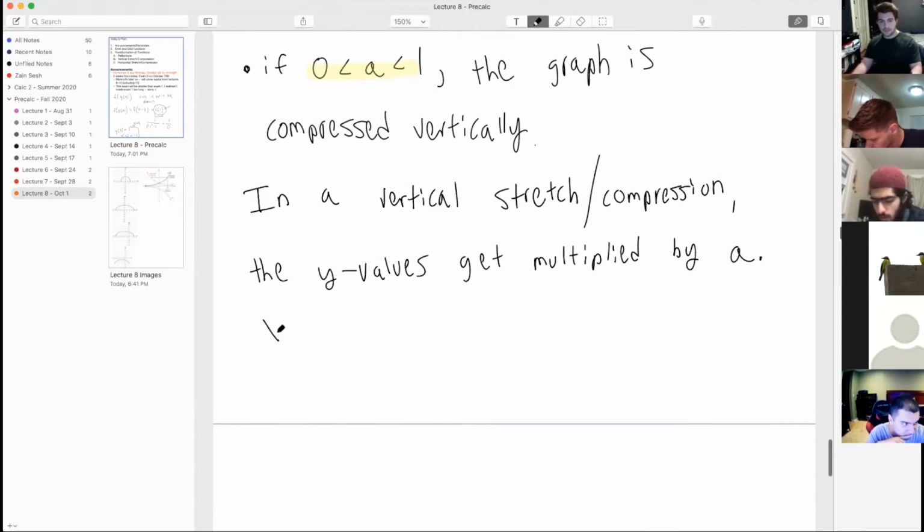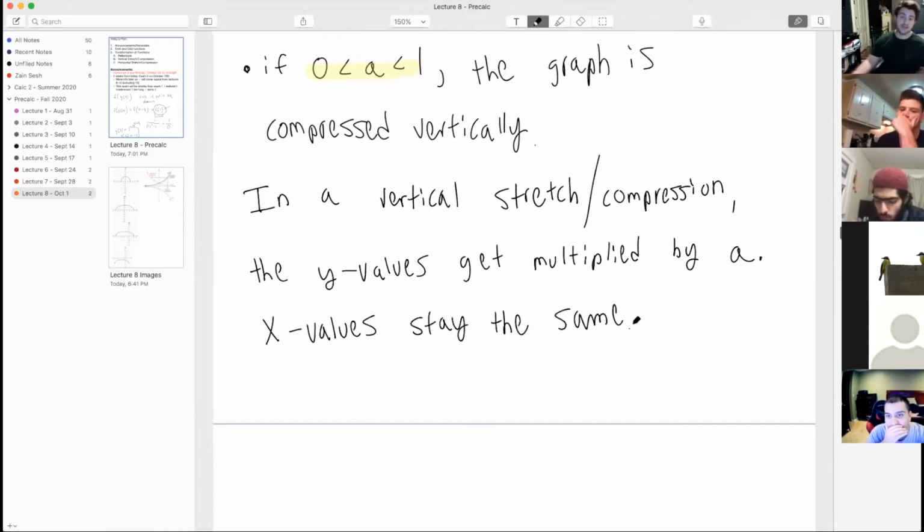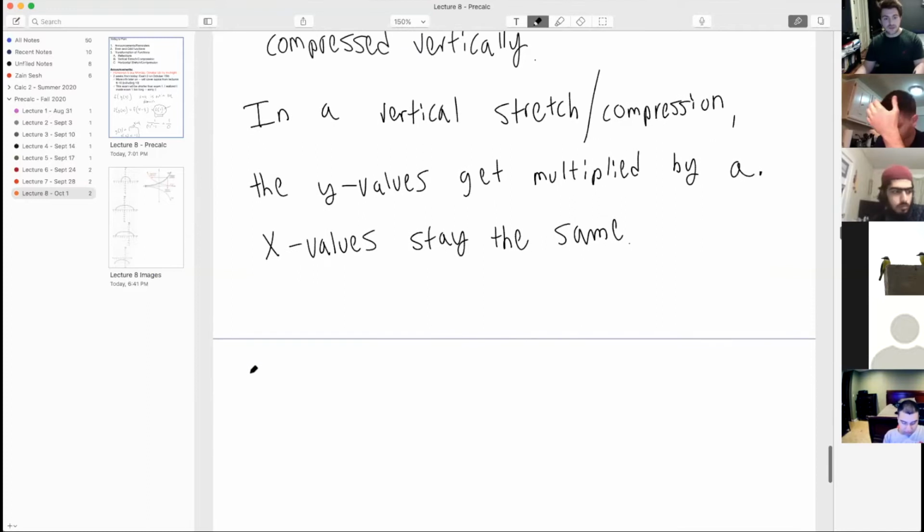X values stay the same. So that's the algebraic interpretation. The y coordinates get multiplied by a, x value stays exactly the same. So this is very important. Okay, so example.